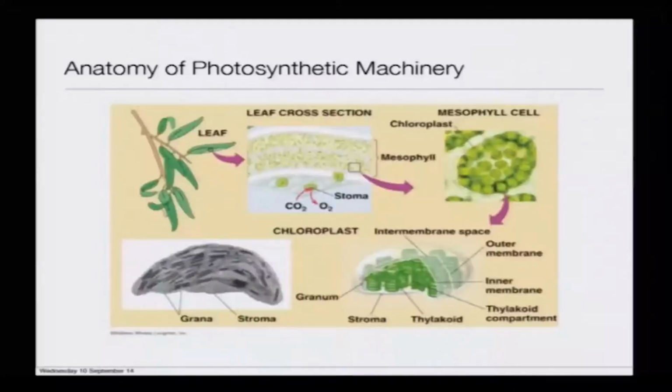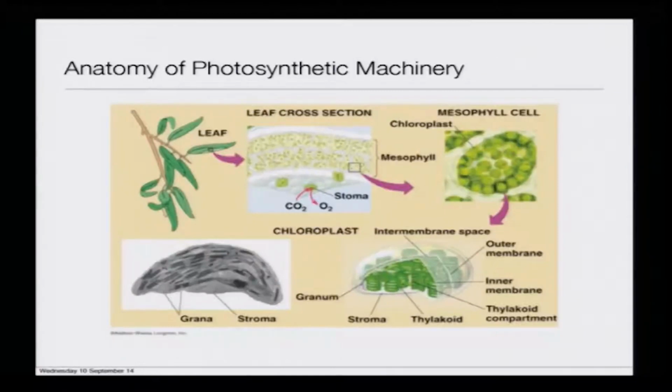Coming to the first slide, just a bit of a recap, to get a global feel of the whole phenomenon. Here is a leaf, and this is how a cross section of the leaf looks. Within that there are mesophyll cells, and these mesophyll cells are rich in chloroplast.